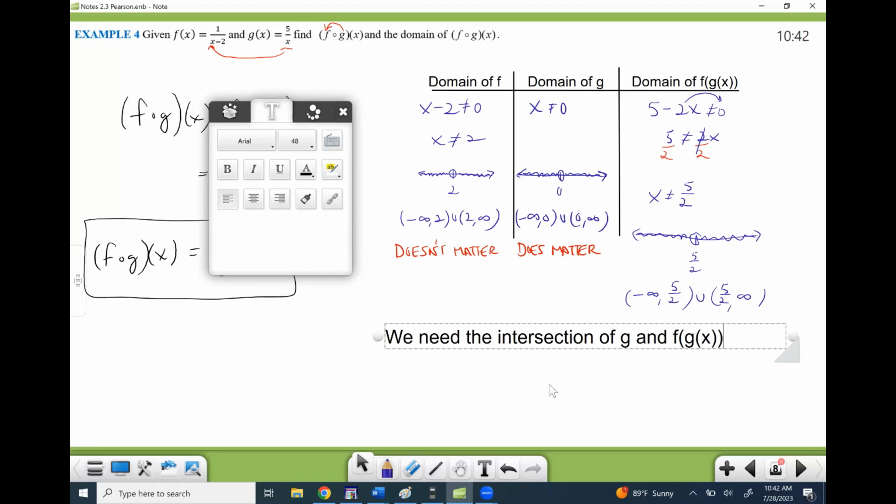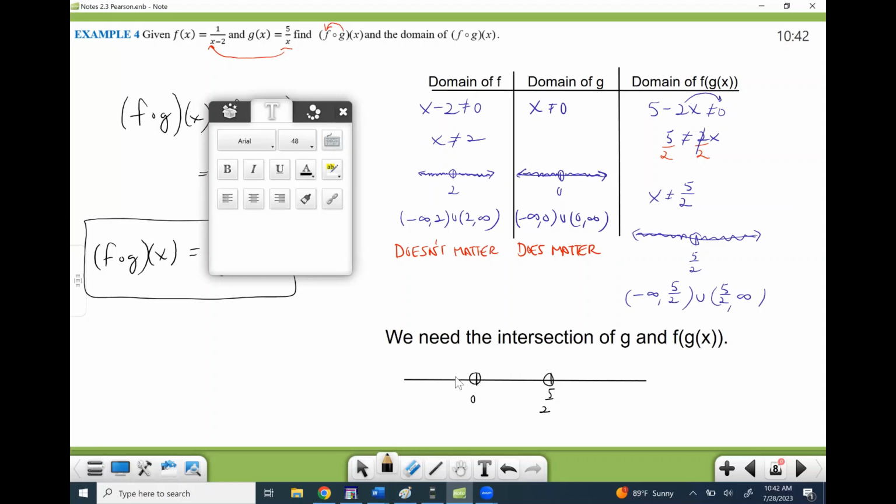Okay. All right. So if we look at the two, we've removed 0 and we've also removed 5/2. So we've excluded 0 and 5/2. So on a number line, 0's out, 5/2 is out.